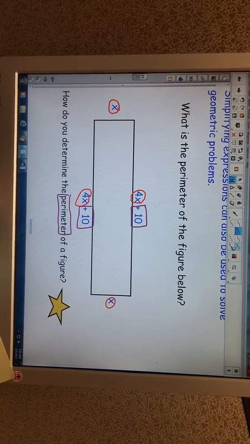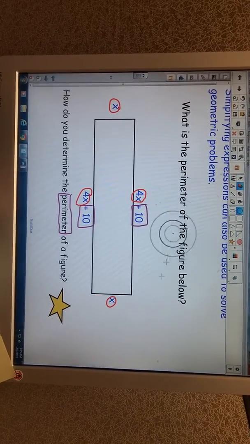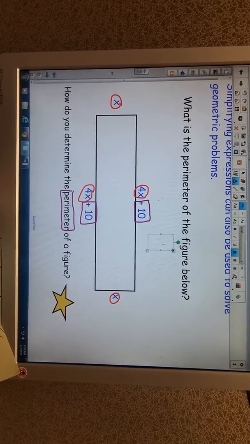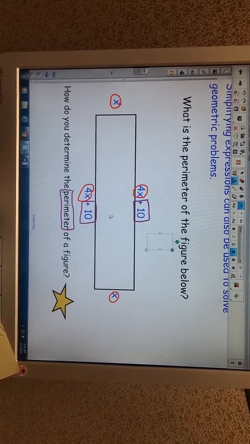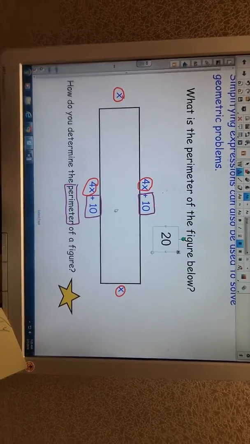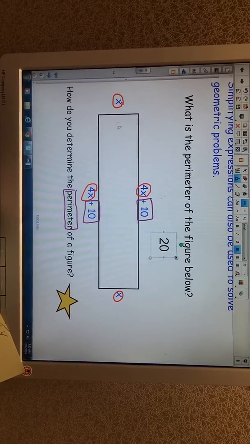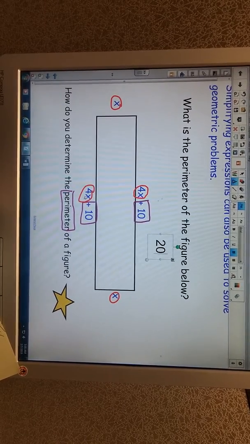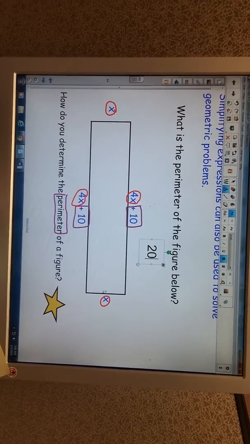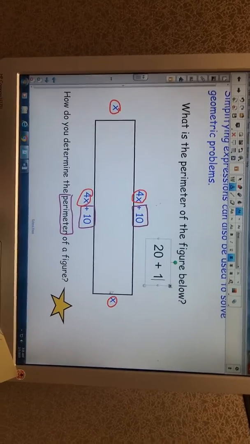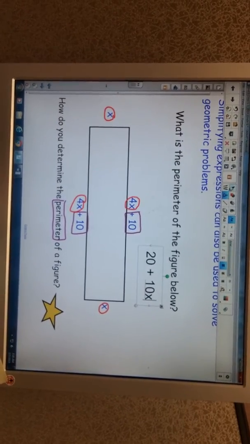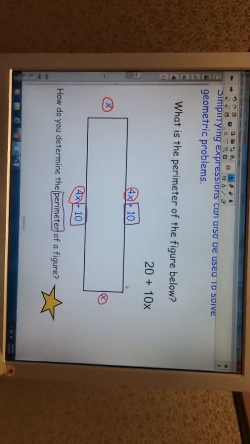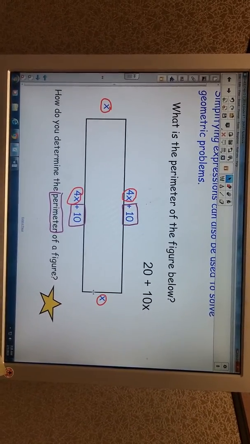So to write an expression to show the perimeter of this, really all we're going to do is add up our like terms. So we have 10 plus 10, which is 20, and we have 4x plus 1x is 5x, 5x plus 4x is 9x, 9x plus 1x is 10x. So an expression to represent the perimeter of this would be 20 plus 10x. That represents the total distance around the outside.